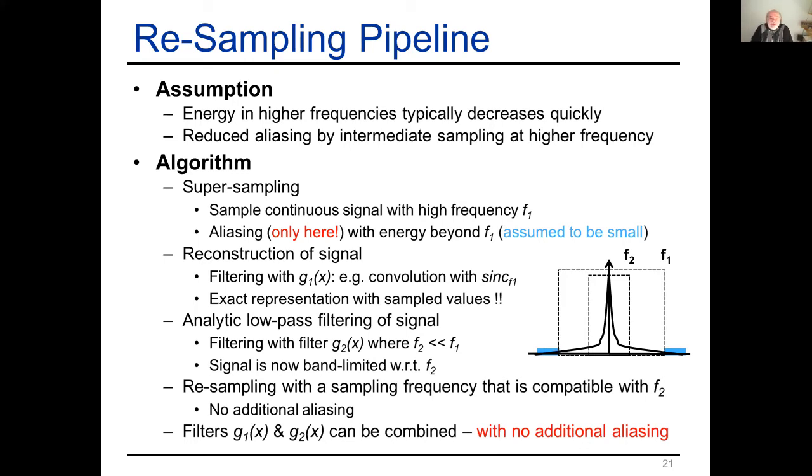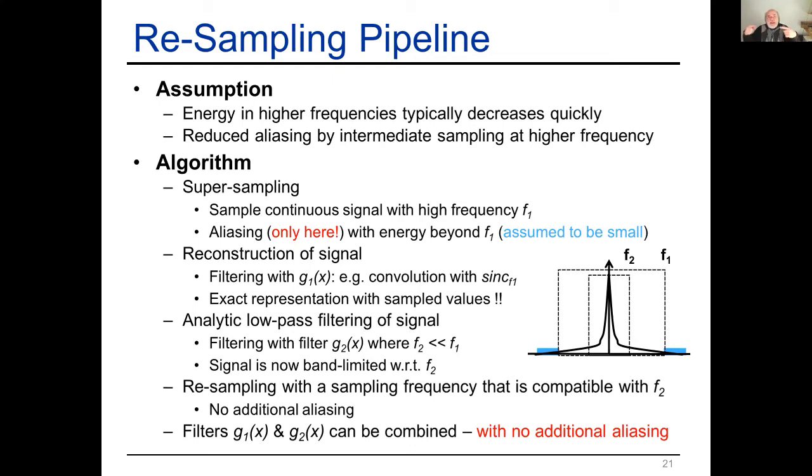Again, I can do this because I'm already in the digital domain. This doesn't introduce additional error other than maybe numerical and other approximations that I might be doing. Okay, so now I have removed all the frequencies that are higher than f2. Of course, that modifies my signal, but anyway.